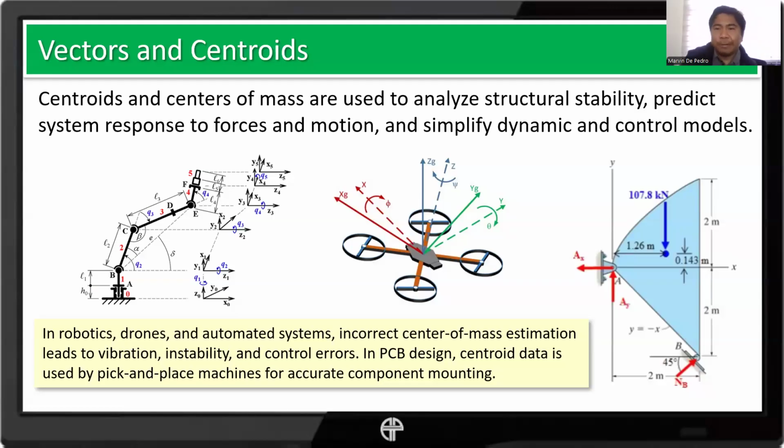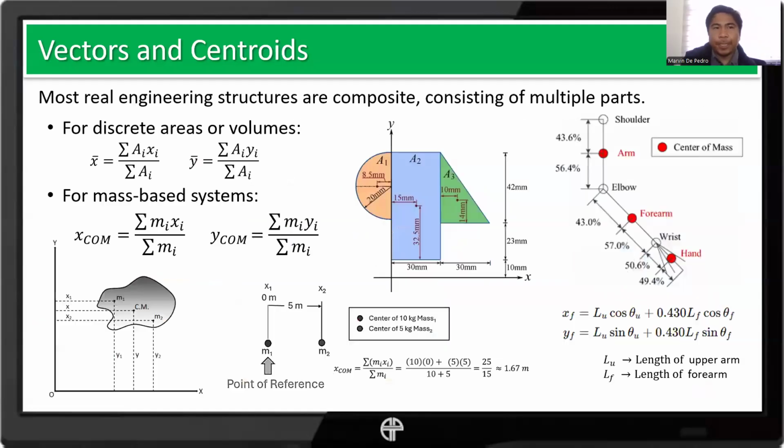Note that most real engineering structures are composite, consisting of multiple parts. That's the problem, because the real world does not have a perfect square, perfect circle, or perfect triangle at all times.